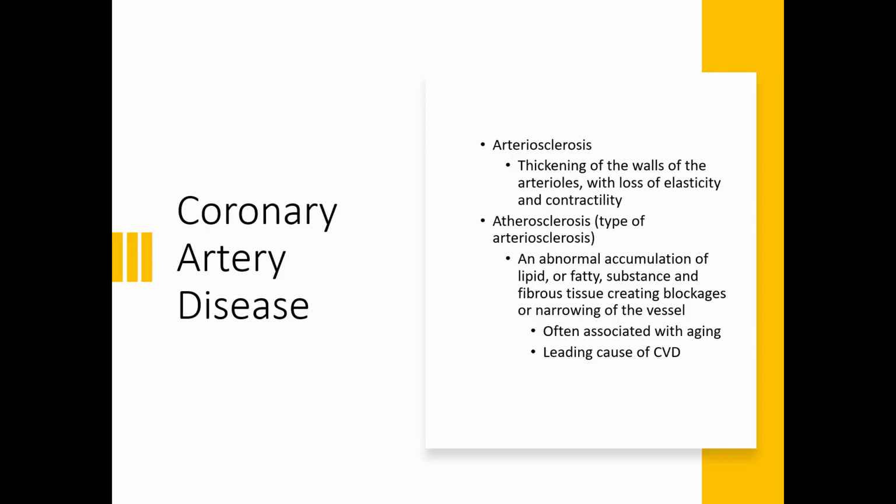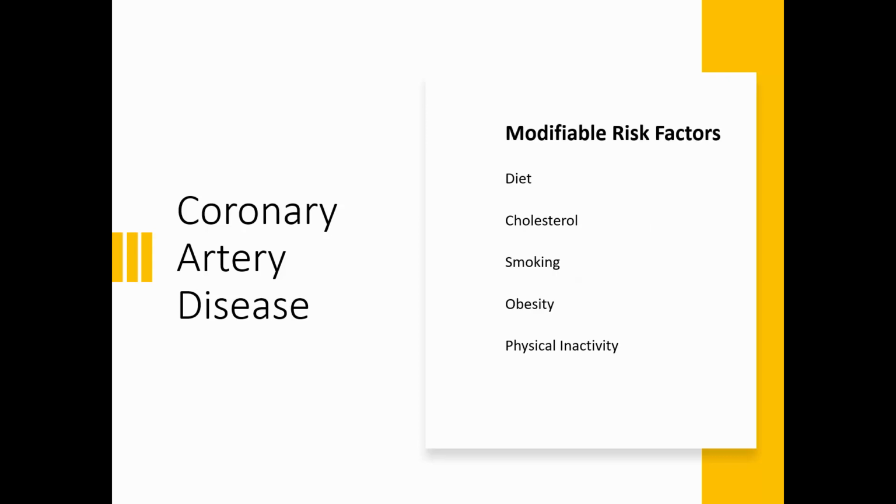Now, when you talk about coronary artery disease, there are some risk factors. Realize that we have modifiable risk factors and non-modifiable risk factors. So in nursing, what we primarily focus on is the modifiable risk factors. These are the ones that we can change. We know that nutrition is one of the most important parts of prevention and maintenance.